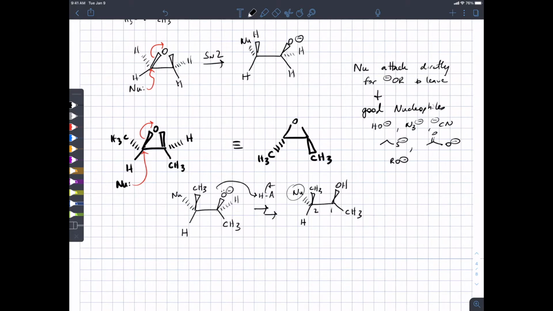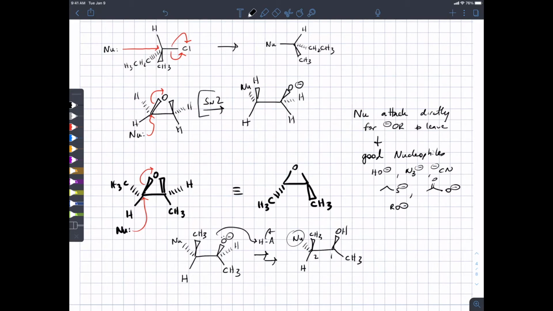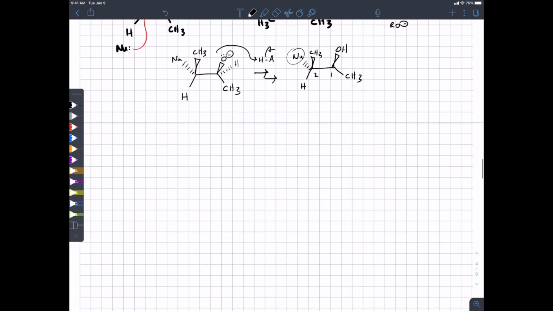One important feature of epoxides, and I can't really stress this enough, is the stereochemical nature of the SN2 reaction. It allows me to test your understanding of molecular shape and stereochemistry and mechanism really, really well with epoxide problems.